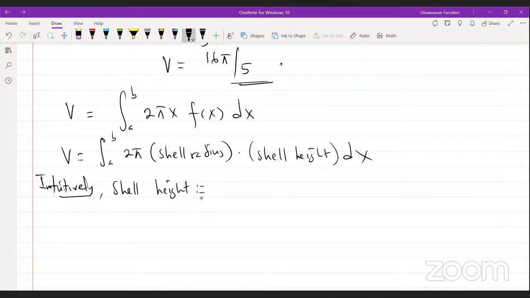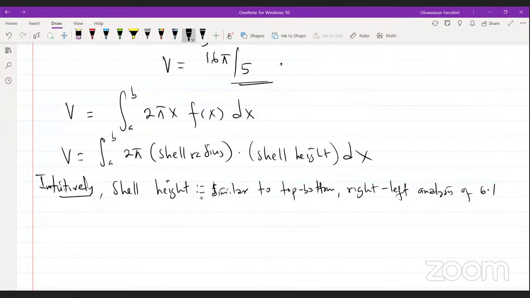It's similar to the top, bottom, right, left analysis of section 6.1.